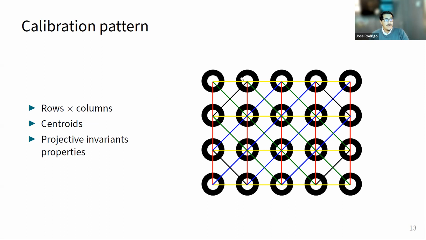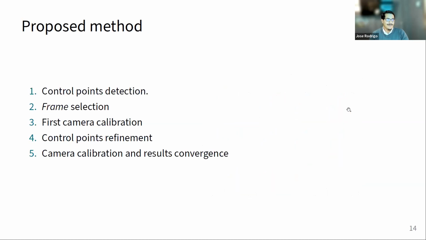We decided to use this distribution of concentric ellipses because it helps us to perform some of the projective invariant properties as collinearity and cross-angle relationship.